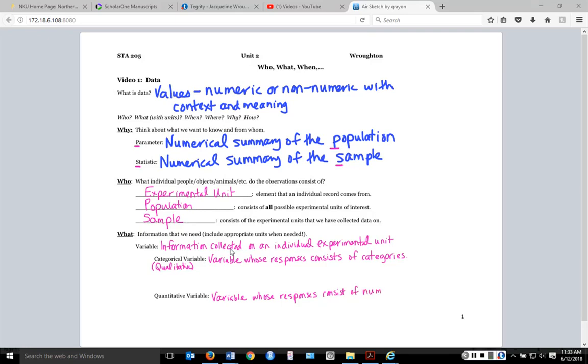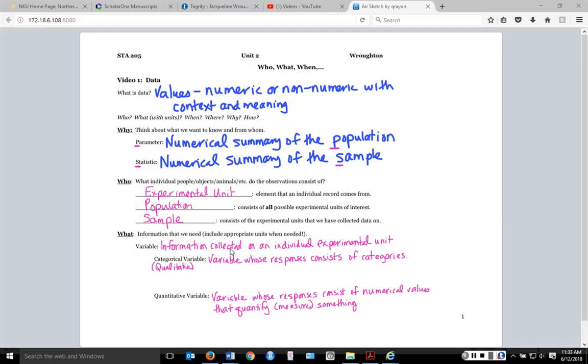So again, numerical values, but these numerical values quantify or measure something. And so we'll talk about that distinguishment of what numbers are quantitative versus what type of numbers are actually categorical.